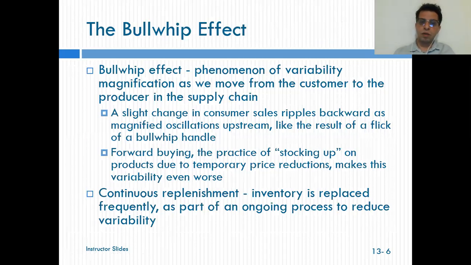There is something called the bullwhip effect. The bullwhip effect is a phenomenon of variability's magnification as we move from the customer to the producers in the supply chain. Let me give you an outside example.